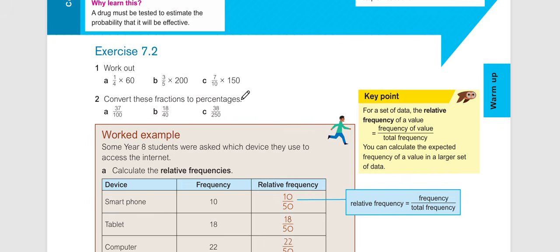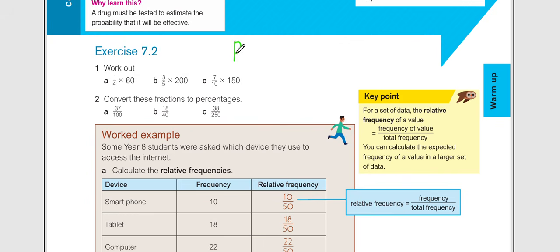So to find a percentage equals the fraction multiplied by 100%.